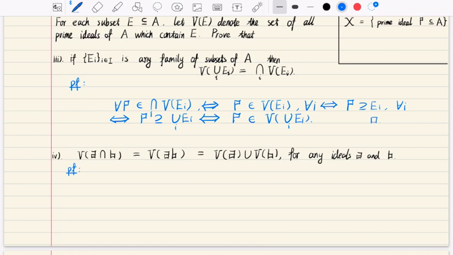First, a very simple result about ideals: the product of two ideals is contained in the intersection of these two ideals. And the intersection, of course, is contained in both of them.